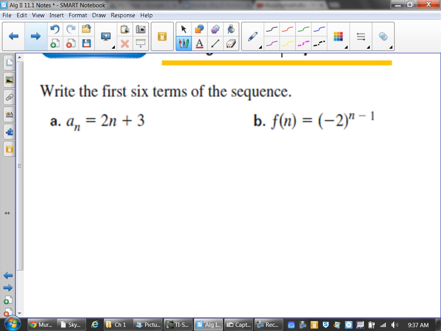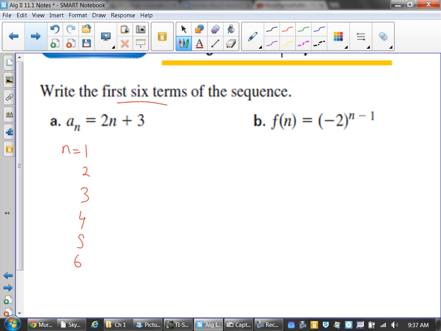Does that make sense? So when you say this is a sub n, and I want the first 6 terms of the sequence, the first term would be term number 1, term number 2, and so on. So I'm going to let n equal 1, 2, 3, 4, 5, and 6, which means I substitute in 1 through 6 for n within that equation.